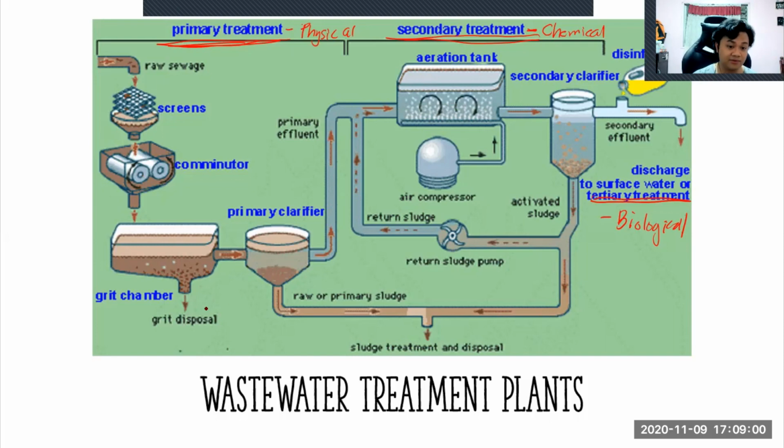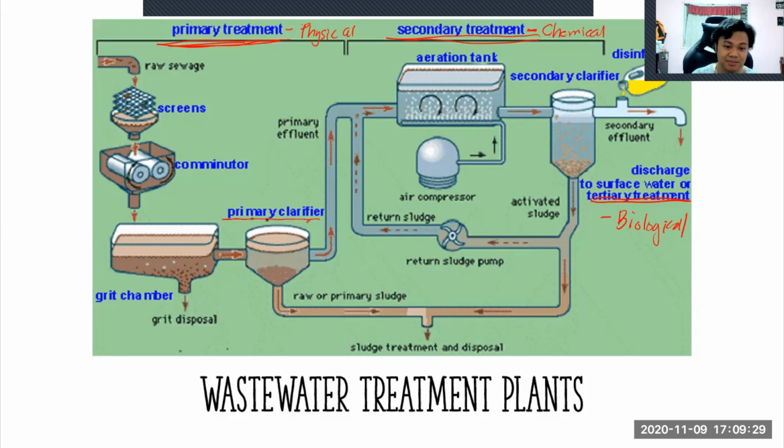And then you will have your primary clarifier. The primary clarifier basically works as a sedimentation tank. It's really a large circular sedimentation tank in the plant, and it's really muddy the first time that it goes through the primary clarifier.